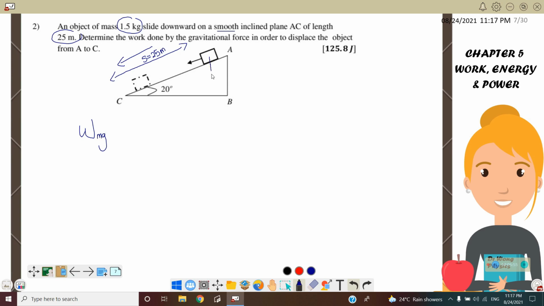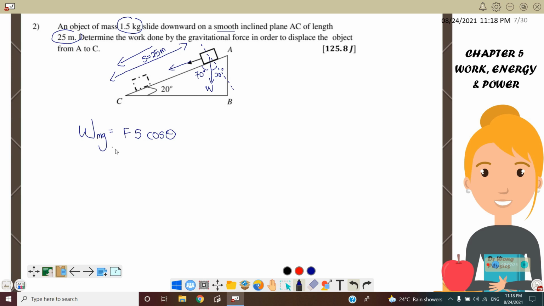So the weight here is acting downward, and then the displacement is in this direction. We know that this is 20 degree, this one also 20 degree, and of course here is 70 degree. So we substitute into the equation, force times displacement times cos theta.